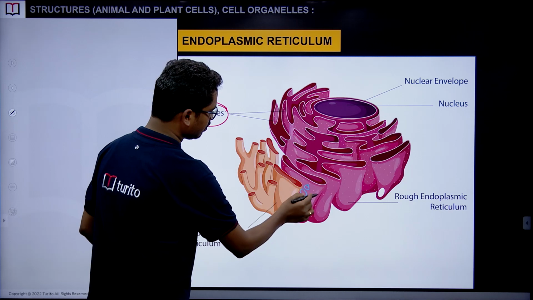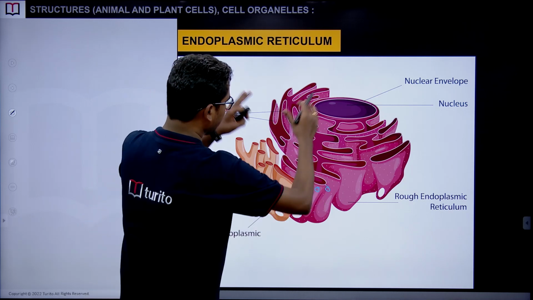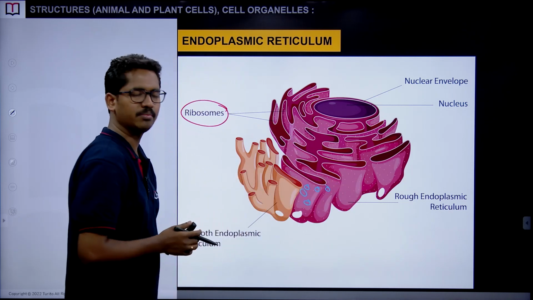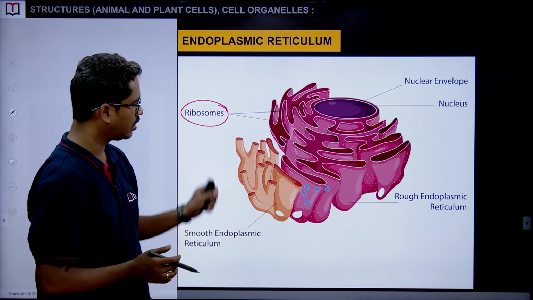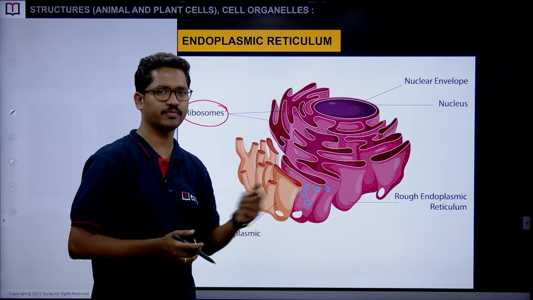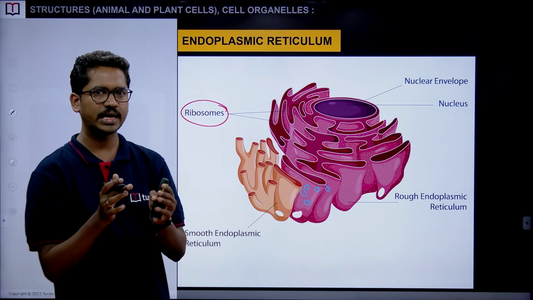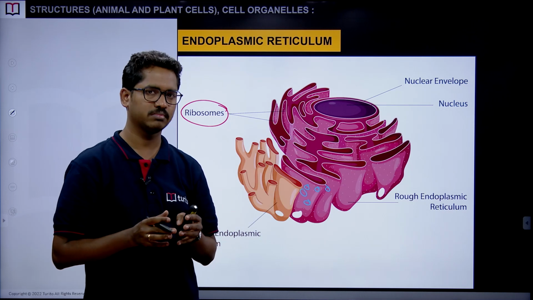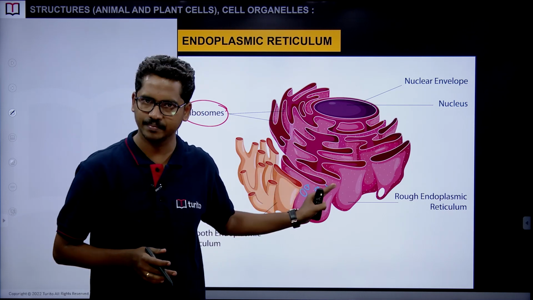This itself can make you understand that this is a big membranous structure inside the cell, and on its surface you see the presence of ribosomes. So it is quite clear that they are really very small.